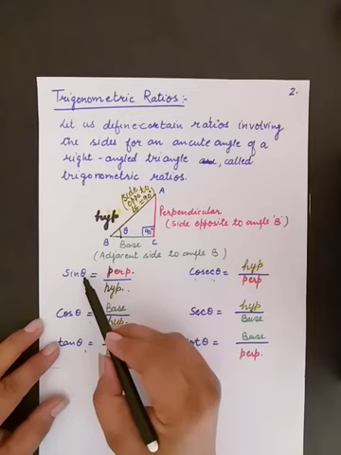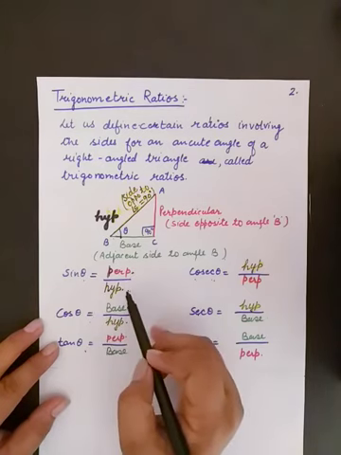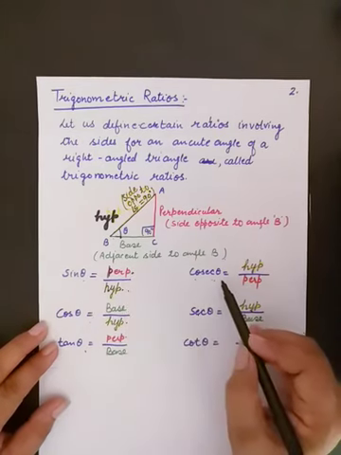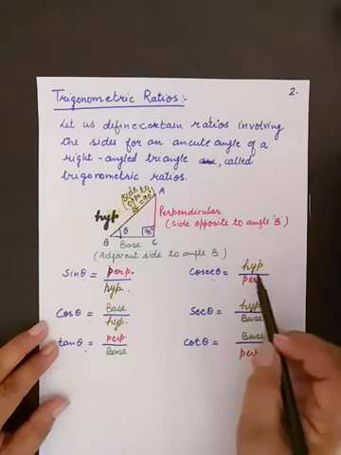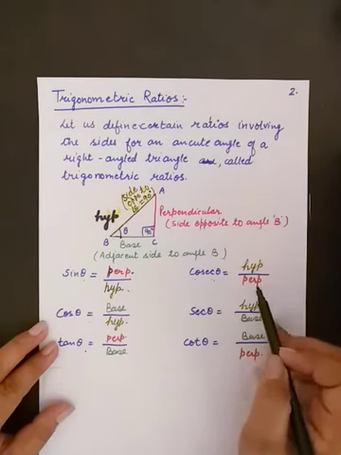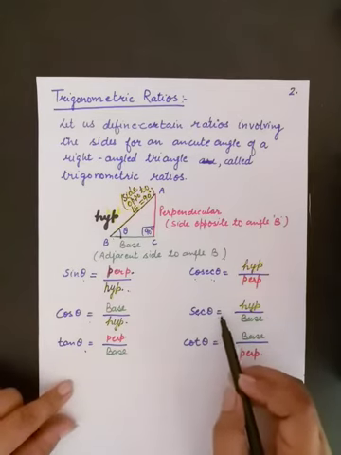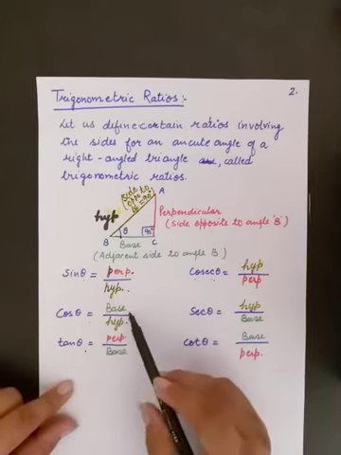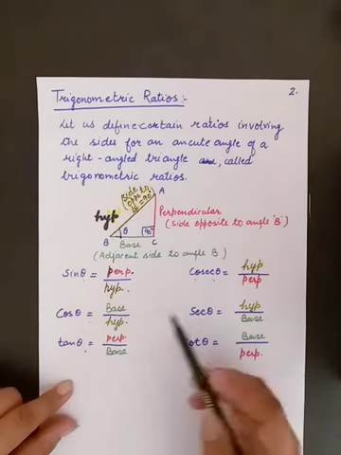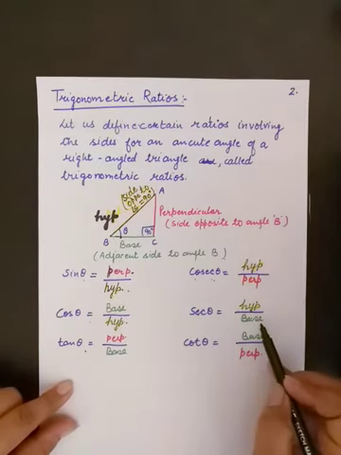So sin theta is the ratio perpendicular by hypotenuse and cosecant theta is its reciprocal, hypotenuse by perpendicular. And secant theta is the reciprocal of cos theta, and cos theta is base by hypotenuse, so secant theta will be hypotenuse by base.